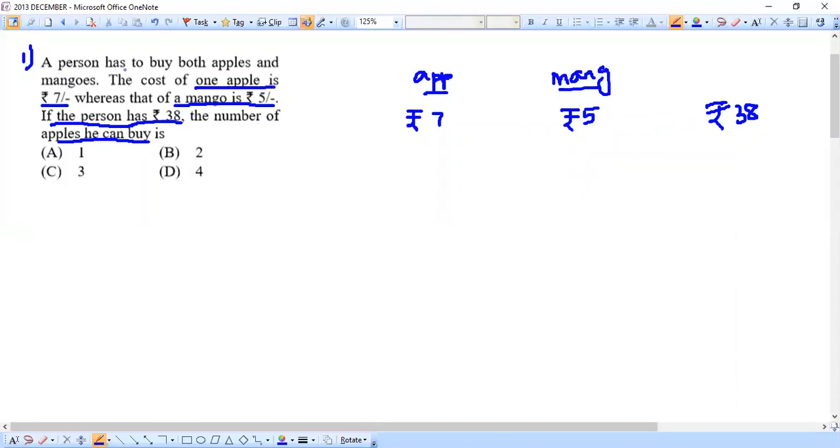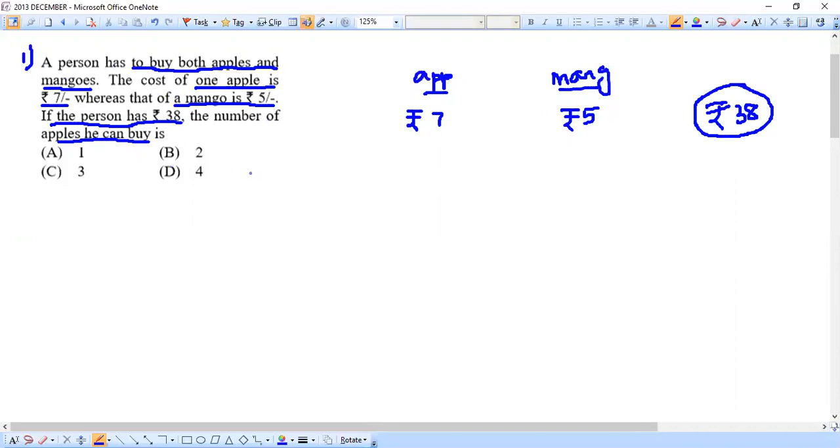Remember, it is given in the question very clearly that the person has to buy both apples and mangoes. So it means that he should not be missing any one of these fruits. He must get both fruits for this total amount of 38 rupees. In that case, how many apples can he buy?